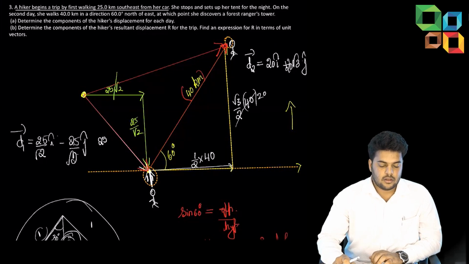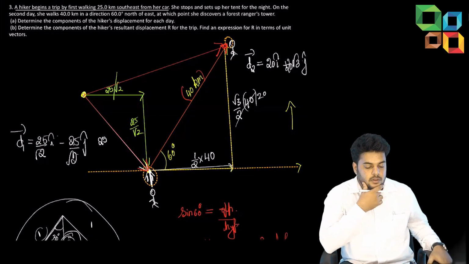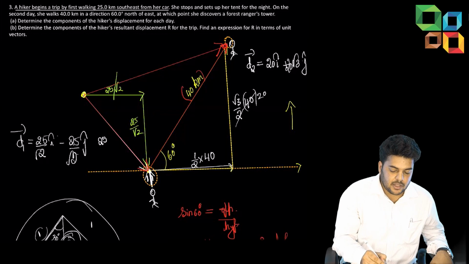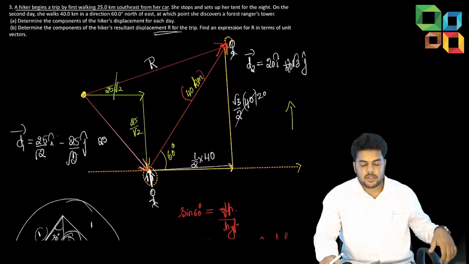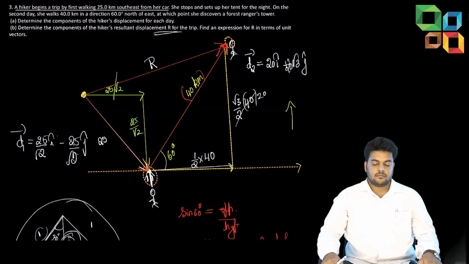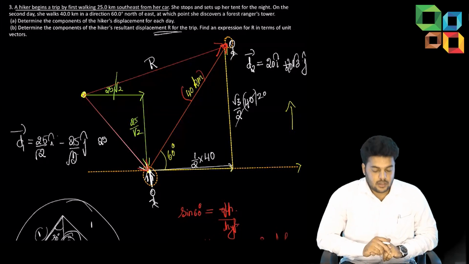Yes. Now determine the second, B part of this question. Determine the components of the hiker's resultant displacement for the trip. This resultant displacement they have called R. Find an expression for R in terms of unit vectors. So what is R?